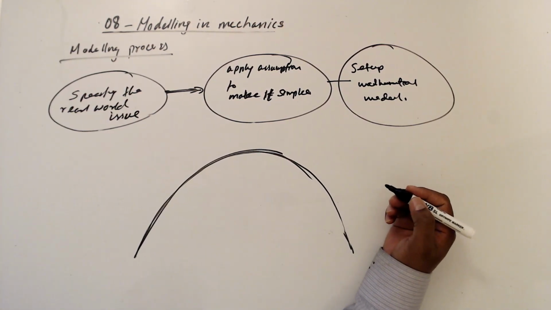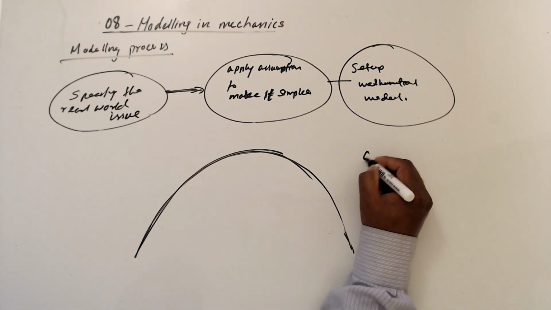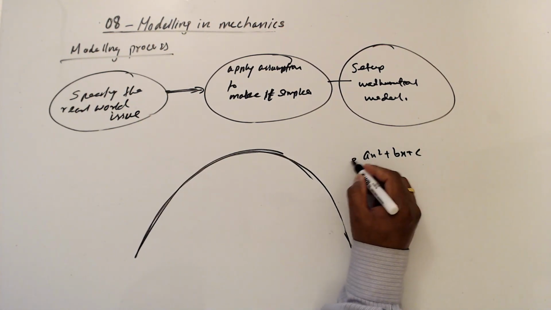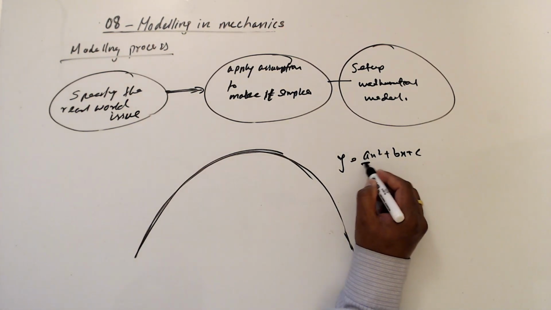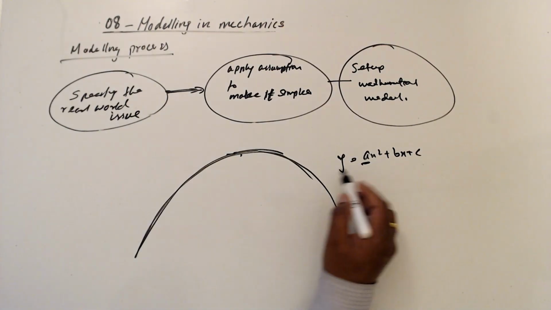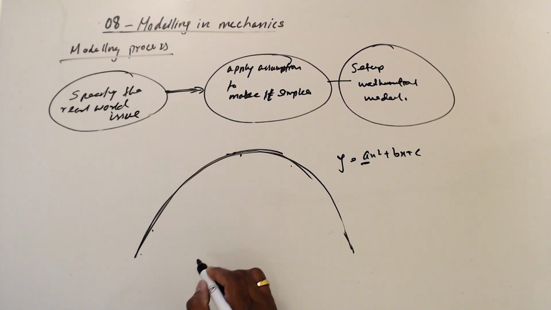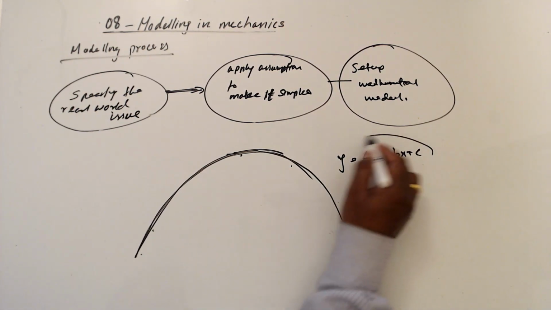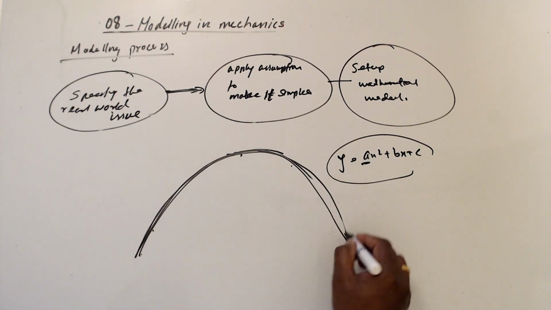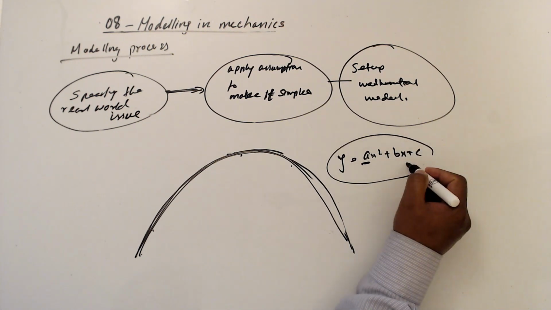This is a quadratic equation, y equals ax square plus bx plus c, and the a value is negative. That's why we get a maximum. Then we have to adjust these values. Likewise, we can set up a mathematical model for this one. For this part, we say okay, y equals ax square plus bx plus c form.